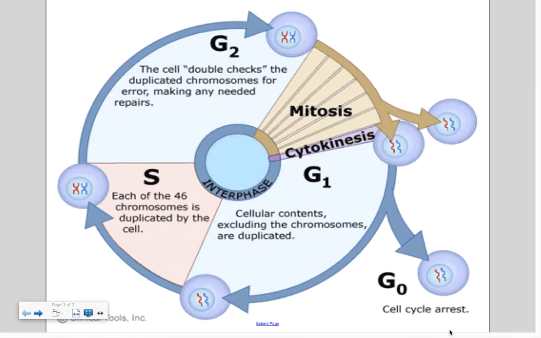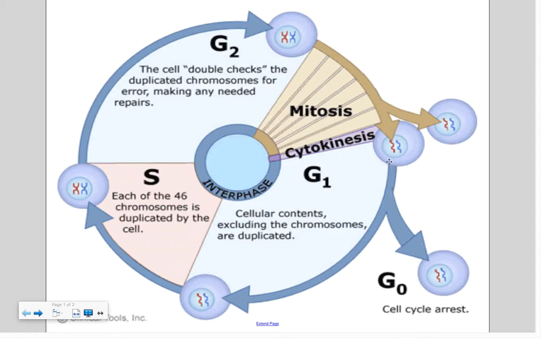But if you have nerve damage, whether it's a burn or a neck or spinal injury, those cells are hard to regenerate and repair because they are in this G0 phase, which means that cell is done dividing. There's no repair, there's no growth. Usually those are specialized cells, such as nerve cells.